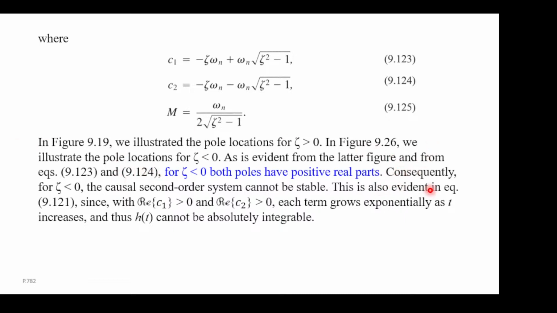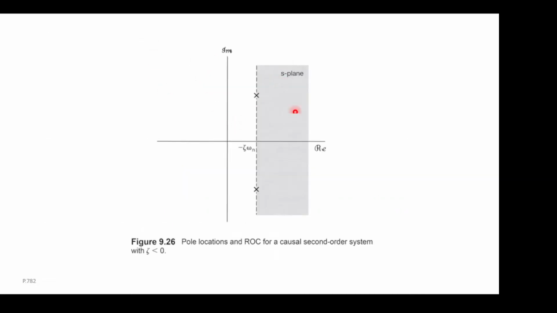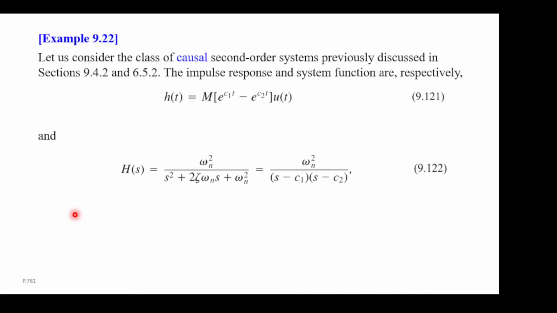If you remember from last time, we analyzed eta to have two regions, between 0 and 1 and 1 to infinity. We didn't consider eta less than 0, because for eta less than 0 you will have those real parts in C1 and C2, and the system will be unstable. You can also see that from your h of t, which is e to the c1t minus e to the c2t.